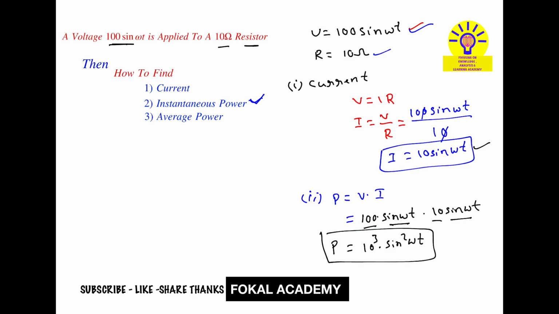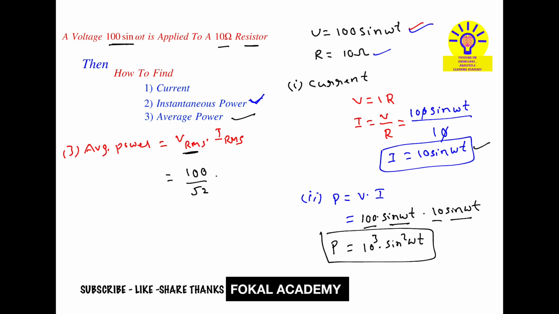Now how to find average power? According to the definition, average power is the product of RMS voltage with RMS current. Now how can you find RMS voltage and RMS current? From the voltage equation, the maximum amplitude is 100, and that maximum amplitude by root 2 gives the RMS voltage.